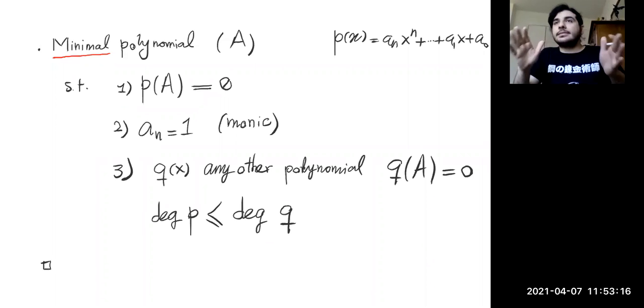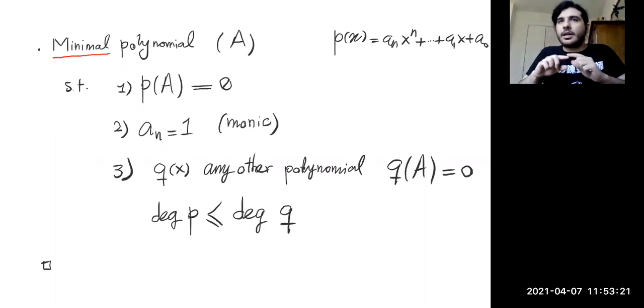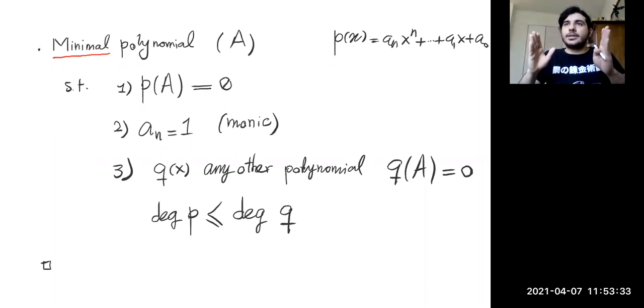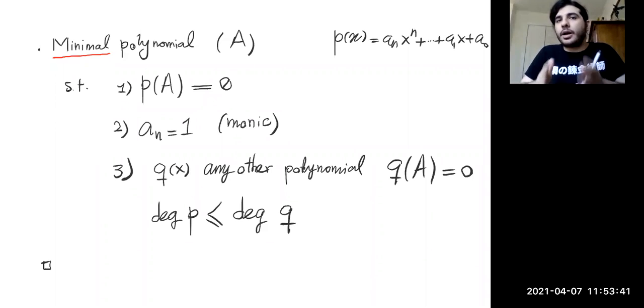Okay, does this definition make sense? So for any matrix, I would define the minimal polynomial to be just a normal polynomial like for ordinary real numbers or any field, such that if I plug the matrix into that, I would get 0. And it is minimal in the sense that its degree is less than or equal to the degree of any other polynomial which this given matrix is also a root of. Also, the coefficient of x to the n, the top degree, is equal to 1.